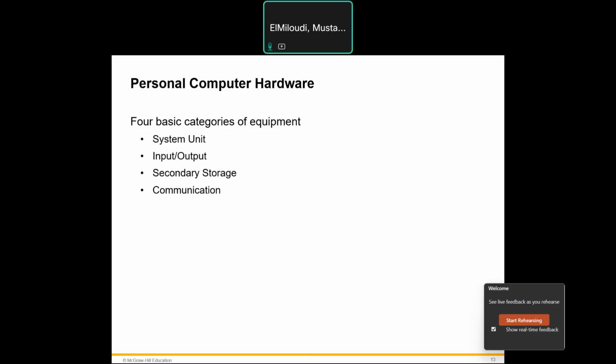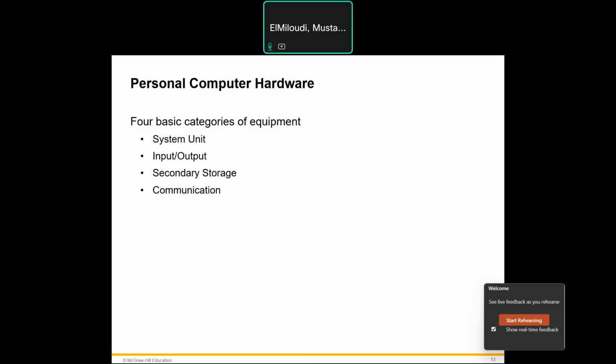Output is the opposite: any device that we use to get the information out of the computer, like a printer, a monitor, a speaker, and so on. Secondary storage: when we use the computer, we save the information temporarily.